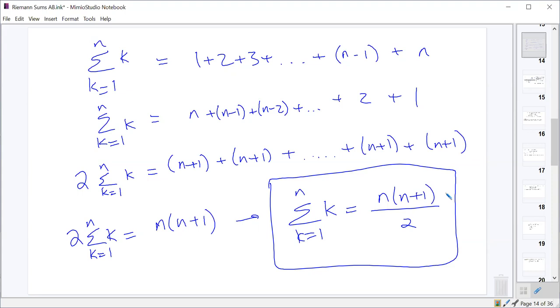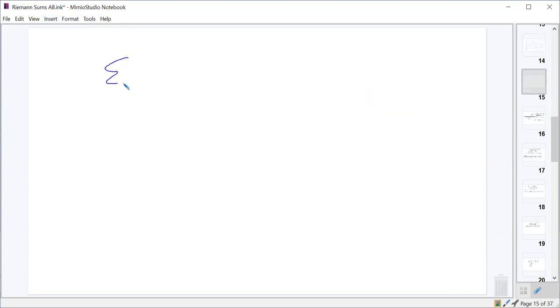Yeah. All right, cool. There's another one that you should also know. I'm just going to write it here. Suppose I wanted to sum together all of the square numbers. Anybody offhand happen to know what that one is? 1 plus 4 plus 9 plus 16 plus 25 plus 36 up to n squared?